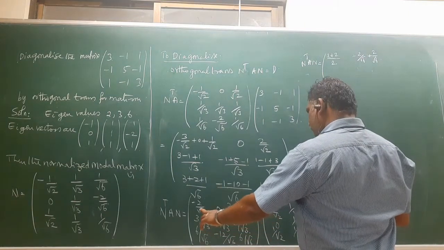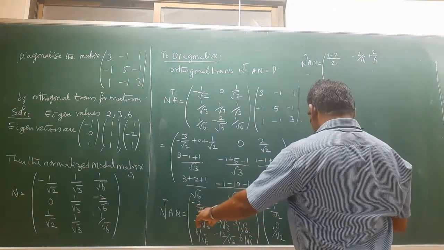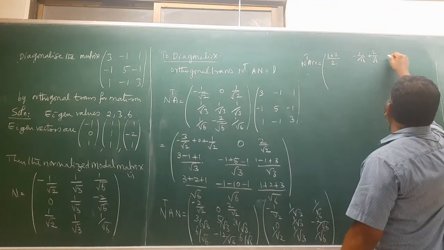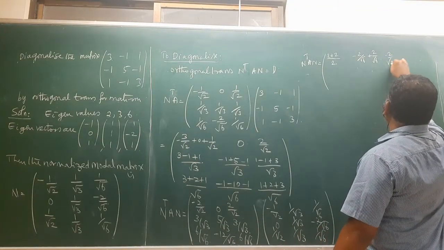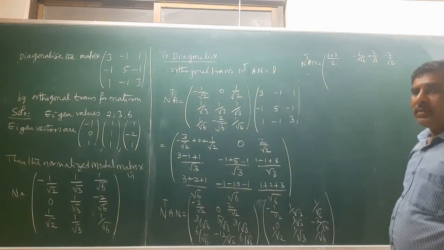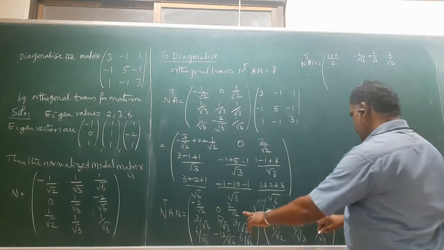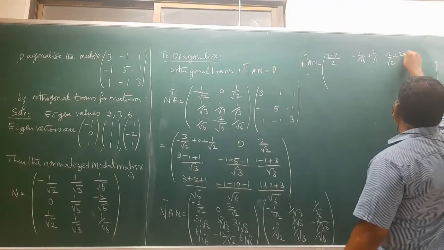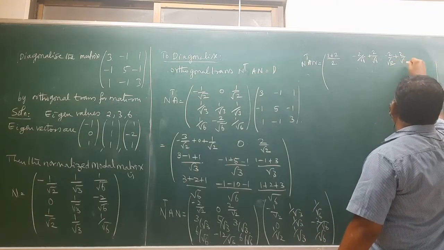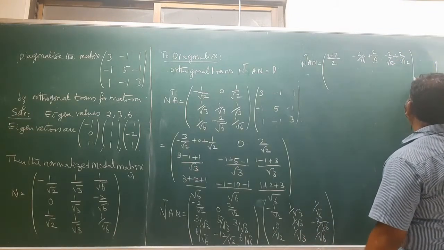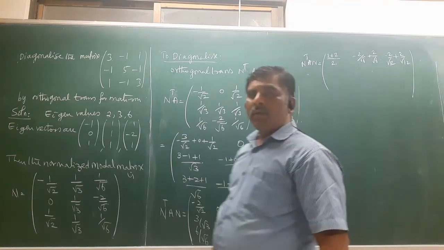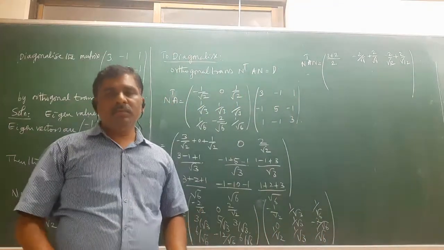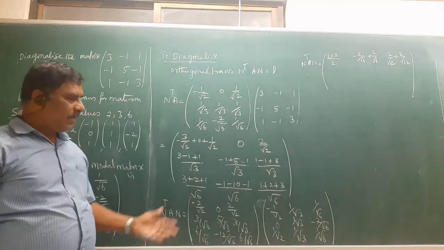Third one, minus 2 by root 12, minus 2 by root 12 plus 0 and plus 2 by root 12. So similarly we have to multiply the second and the third one.